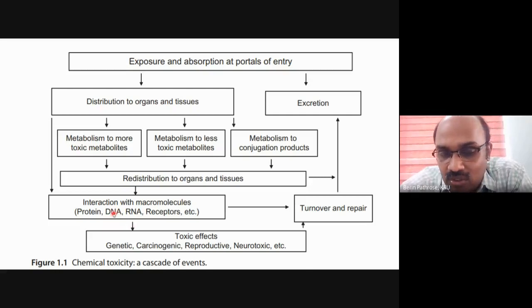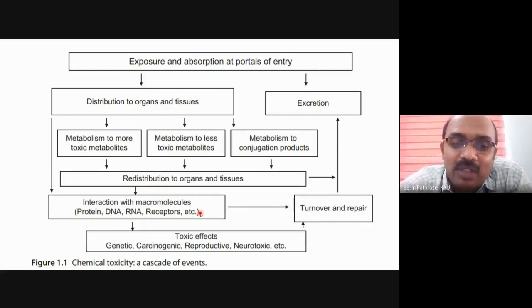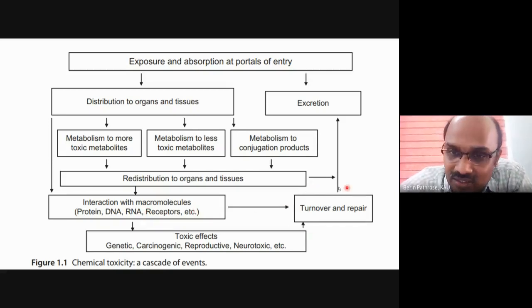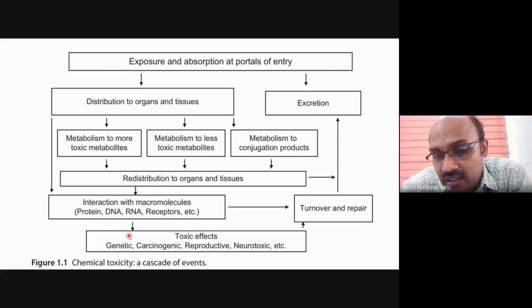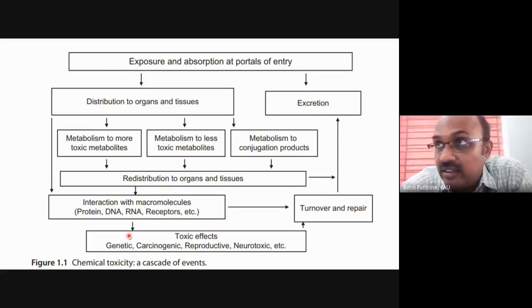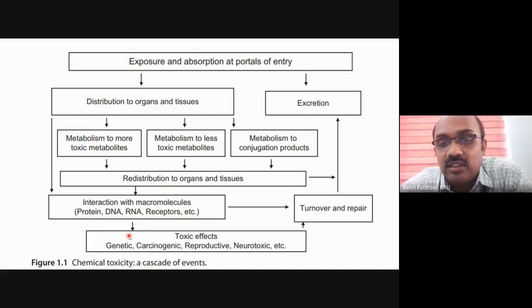Once it interacts with macromolecules, that is protein, DNA, RNA, it can lead to some damage to DNA, some damage to RNA, etc. Then it has to be repaired, and the pesticide will be excreted.